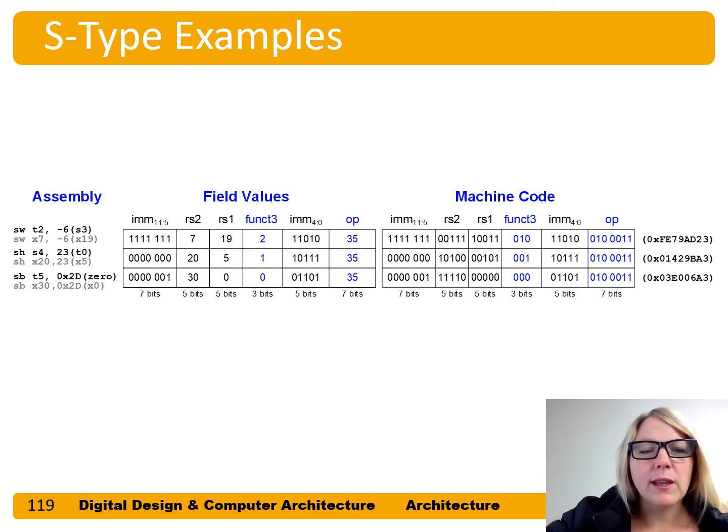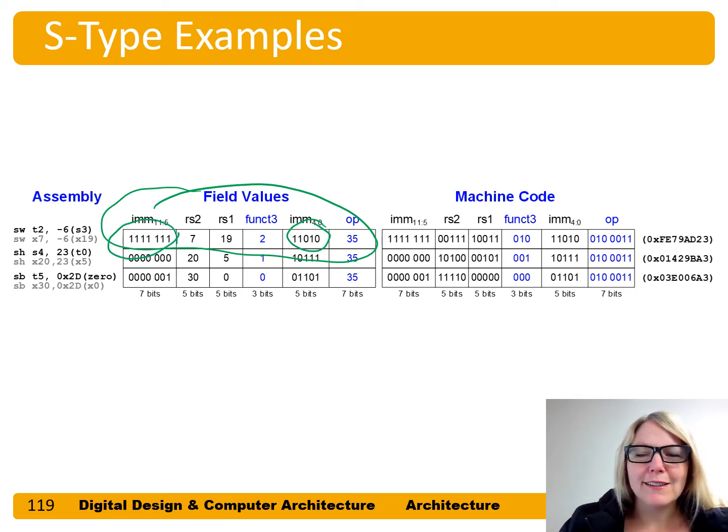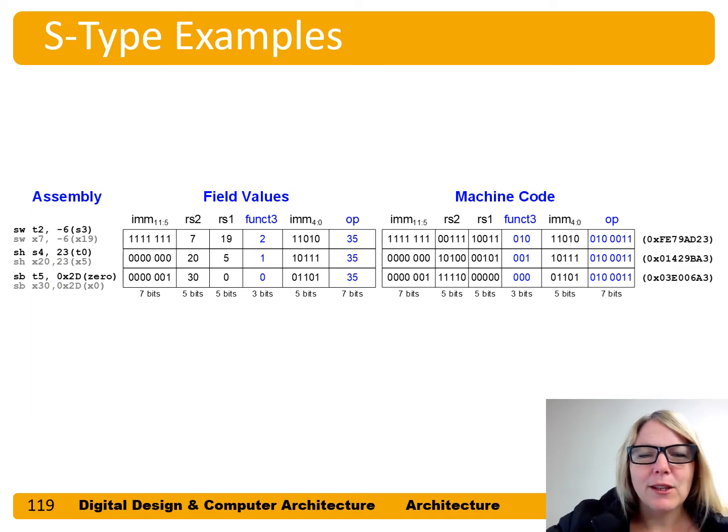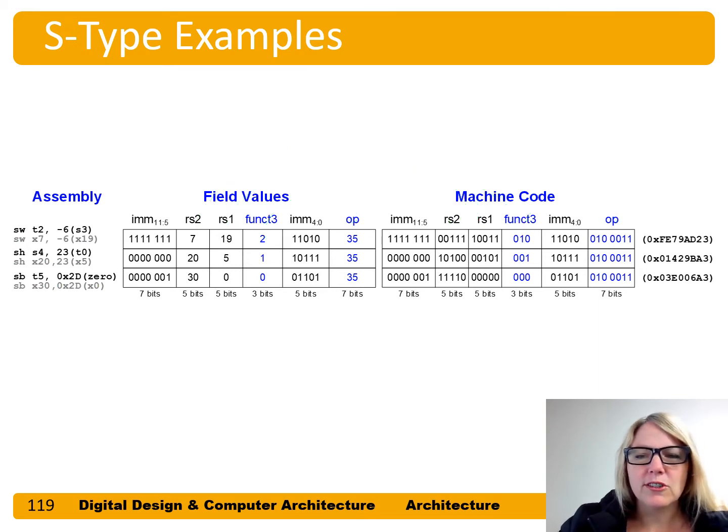Once we have the fields here, I wrote this part in binary already, just to show which bits are in each field. And then we can write the entire instruction in binary: 7, 19, 2, and 35 is the opcode used for those store instructions. Then we gather groups of 4, starting from the right, to write it in hexadecimal.